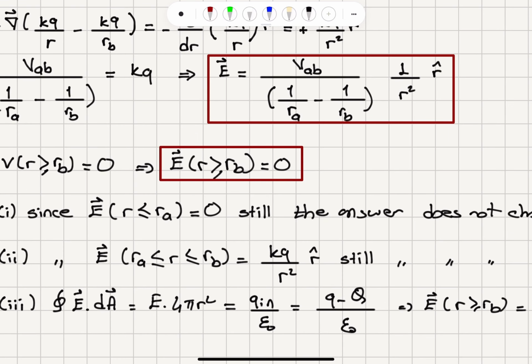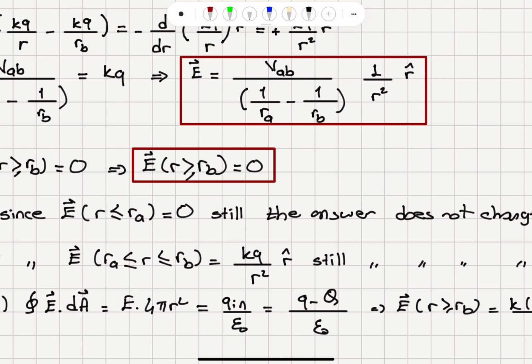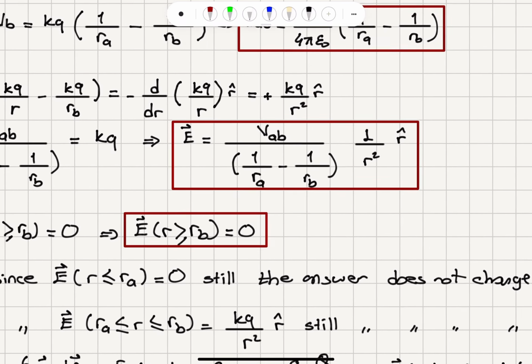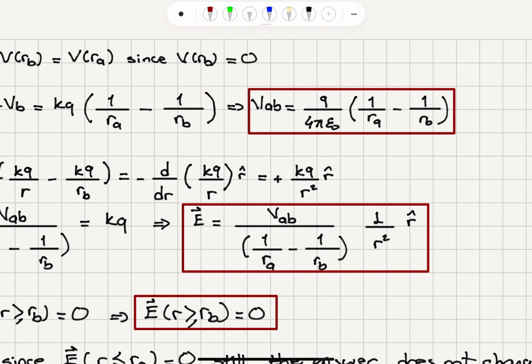The electric field inside both spheres is equal to 0. The electric field inside the metal is equal to 0. The potential doesn't change also. The electric field between the spheres is kq over r squared r hat still, because you can see the potential is the same.